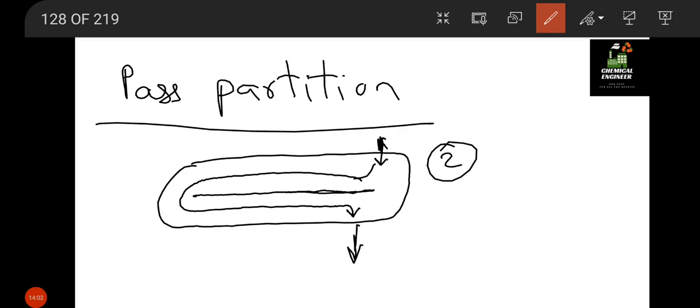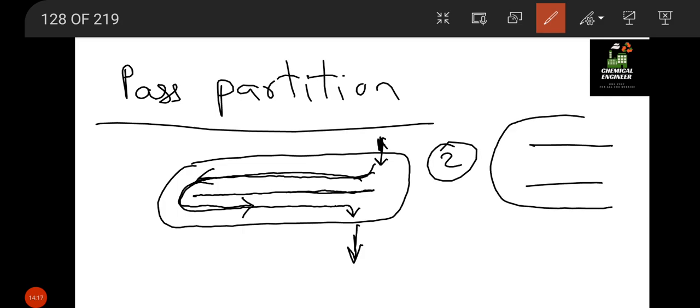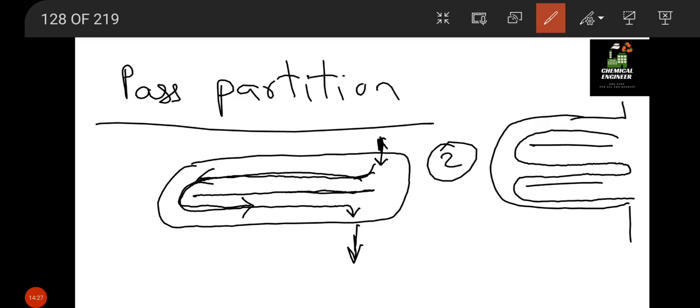Why? Because the fluid goes in the first direction like this, and then changes its direction to the second side. Or if we have two plates in between of the shell, with the same inlet and outlet, the fluid goes like this, comes back, and then goes again, so it becomes 1, 2, 3, 4 pass. This is how passes are determined.